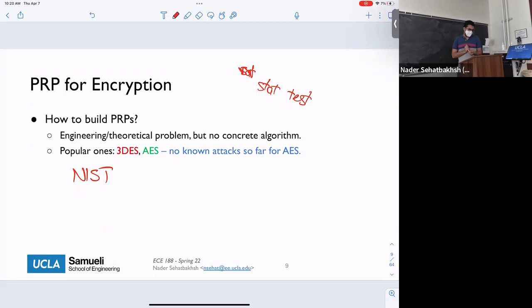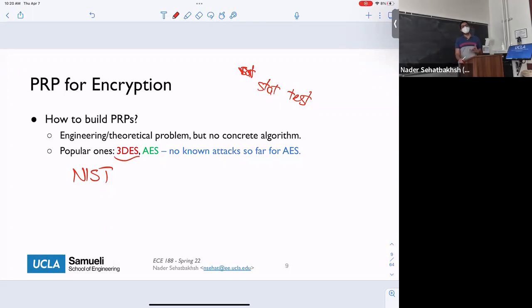All right. But generally, designing a PRP algorithm is not trivial. It requires years of engineering, and it's as complicated as, for example, designing sophisticated hardware. A very long time ago, we had DES, and then we had triple DES, which was basically a PRP algorithm.